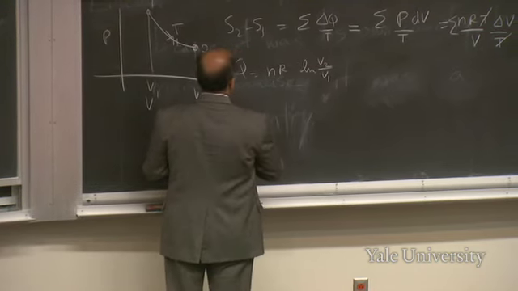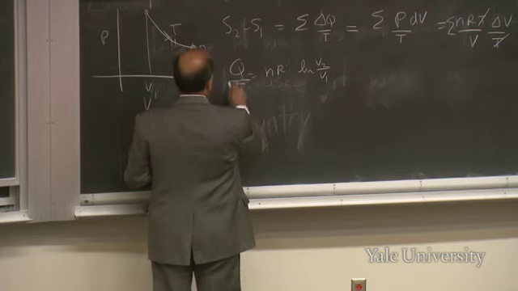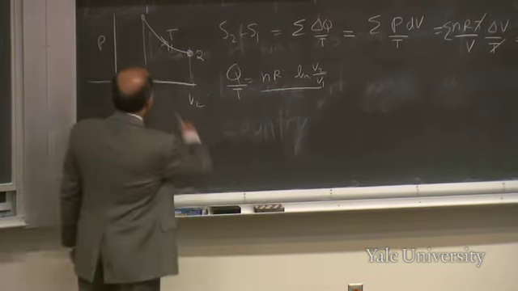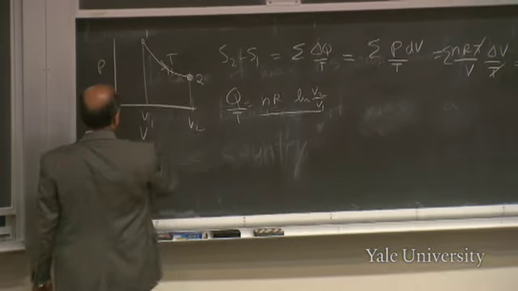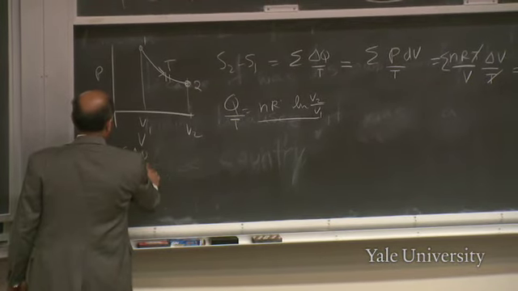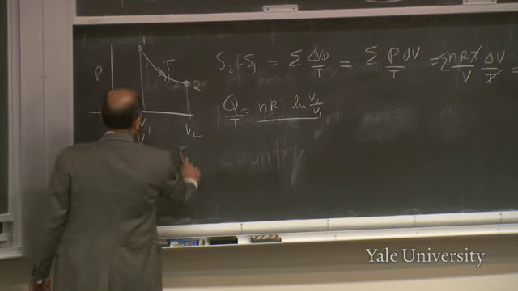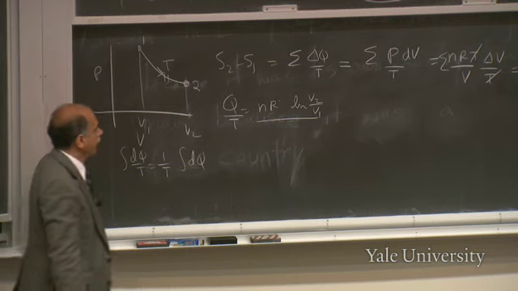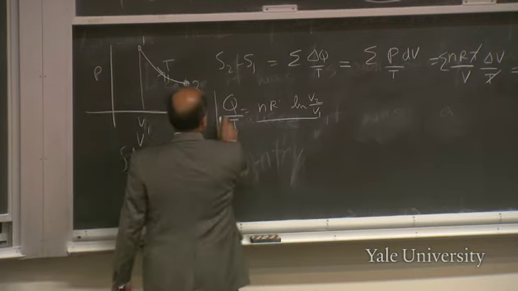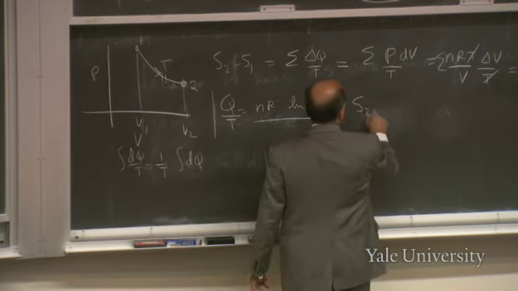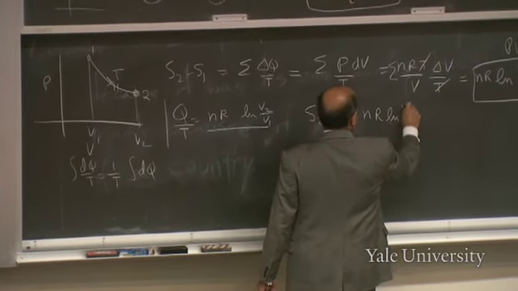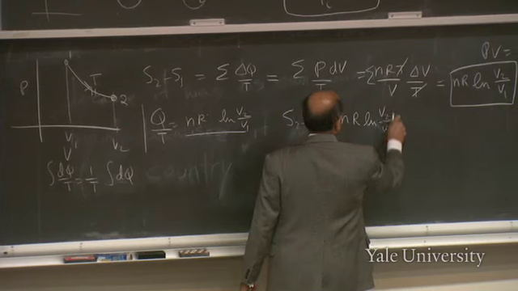Just bring the T here. That's why this is the change in entropy. In other words, during the whole process, if you're at one temperature, then the integral of delta Q over T is just 1 over T times the integral of delta Q, which is the total heat transfer. Anyway, this is the change in entropy. S2 minus S1 is nR log V2 over V1.